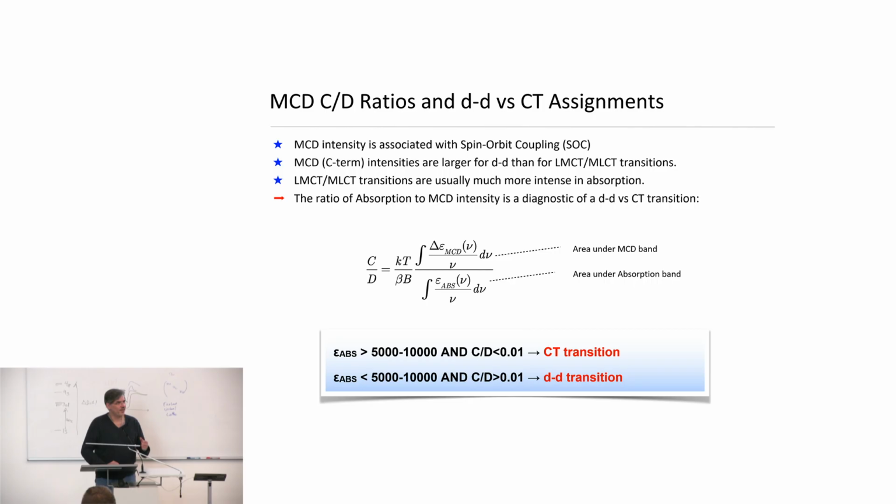And so there is an experimental way of disentangling in an absorption spectrum what is an LMCT transition or an MLCT transition and a d-d transition. Once you get more serious about assigning stuff, that's really useful, right?